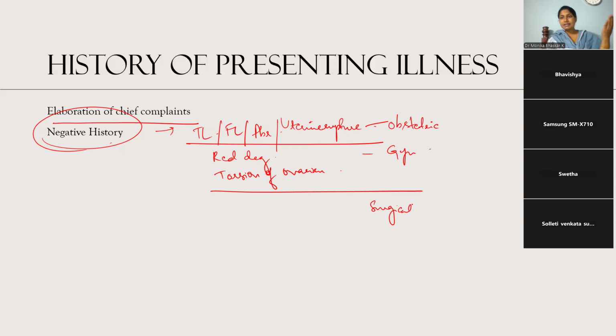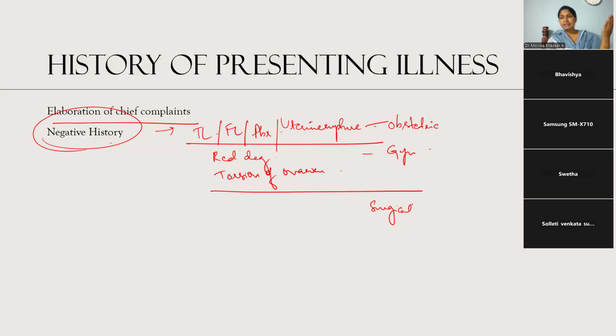Whenever you are describing pain abdomen, you have to go in favor of what is contributing to your diagnosis. For example, if she is coming with true labor pain, you need not mention increased frequency of micturition or burning micturition, because UTI will not present like labor pain. There will be diffuse lower abdominal pain, which is continuous and associated with burning micturition. So you need not write no history of burning micturition, because she has already come with characteristics of true labor pain.